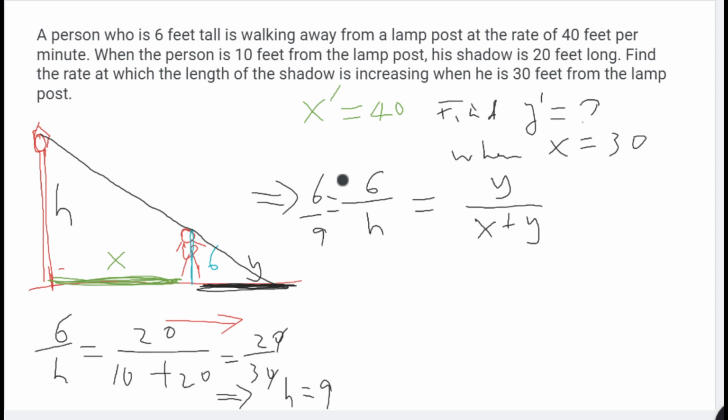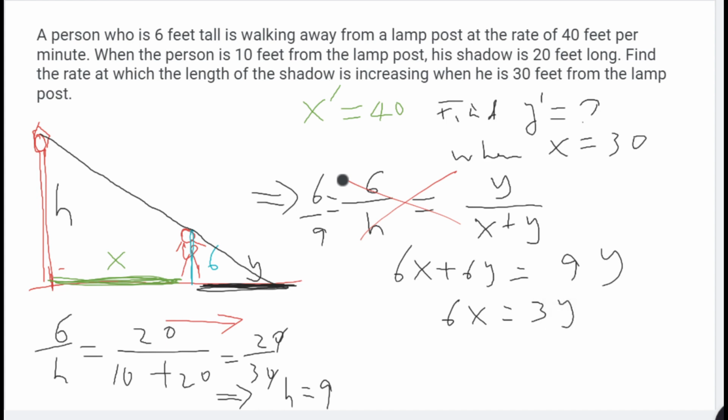Now we're not going to directly differentiate because we would have to use the quotient rule. So let's simplify further. Do cross multiplication. So 6x plus 6y equal to 9y. This is going to give us 6x equal to 3y.